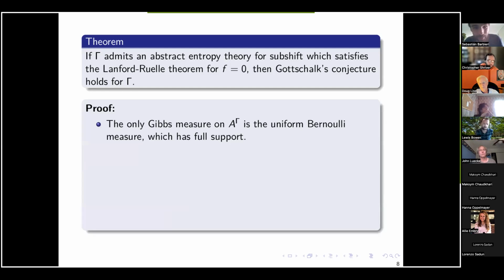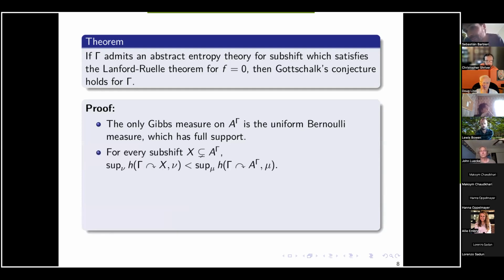And the proof is very simple. Essentially, if I grab the full shift, it admits a unique Gibbs measure. That's something I'm going to prove later on. If I take the set of all configurations, there's a unique Gibbs measure, which is the uniform Bernoulli measure on the full shift. And it has full support.